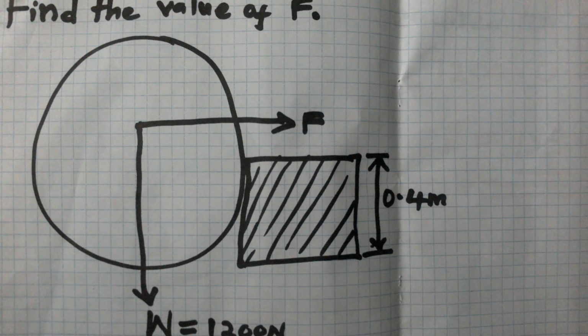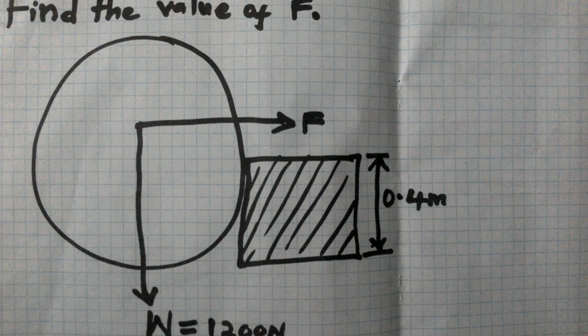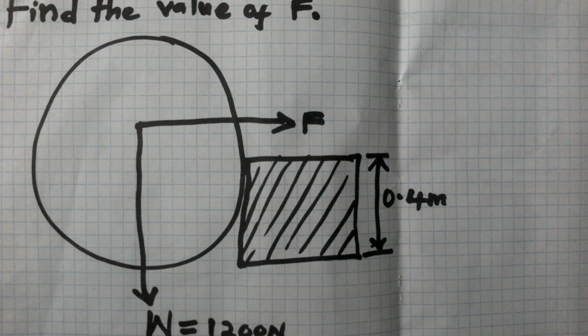So, for you to solve this problem, you need to have the concept of turning effect of a force, the principle of moments: that clockwise moment at a point must be equal to anticlockwise moments about the same point.